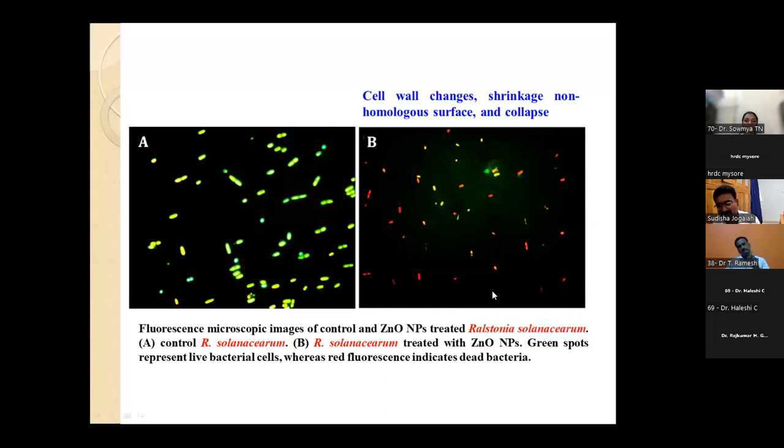So that means the survival capability of these pathogenic organisms after treatment with zinc oxide nanoparticles in in vitro conditions, while tagging with fluorescence, is very clear: the motility of the bacteria lowers and they come to the death stage. This is what we observed from our study. The cell wall changes, we also observe shrinkage of the non-homologous surface, and finally it will collapse and die.